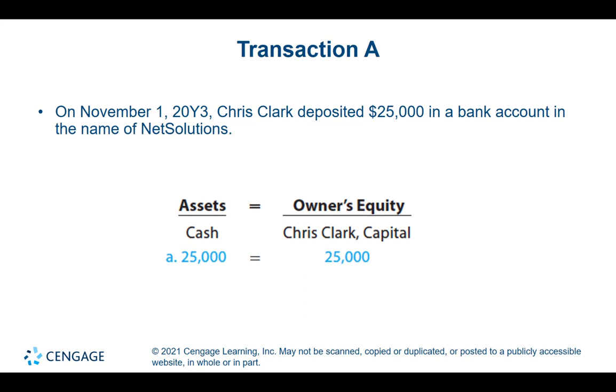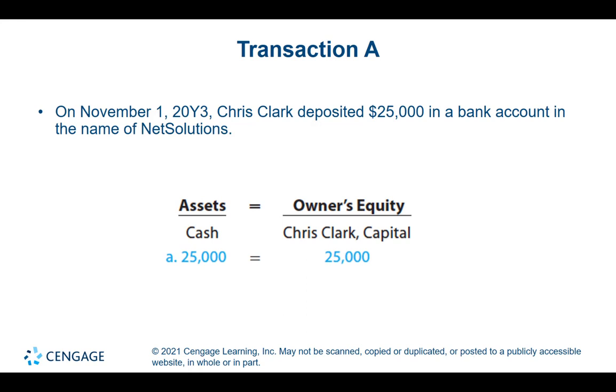It's called capital, and capital is a type of owner's equity account. Capital has the impact of increasing owner's equity or ownership by $25,000 in this case, and cash is also increased by $25,000 because money has been injected as funding into the business.